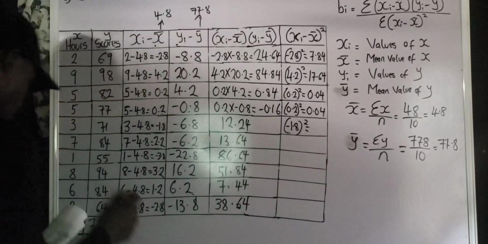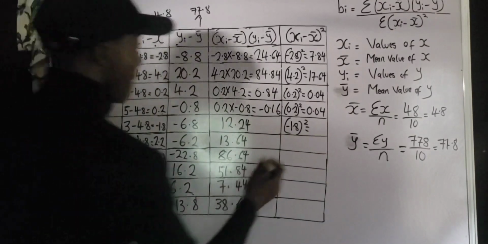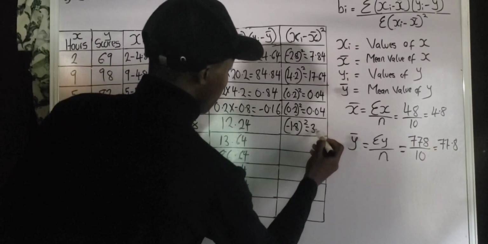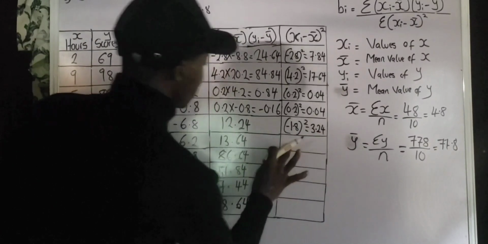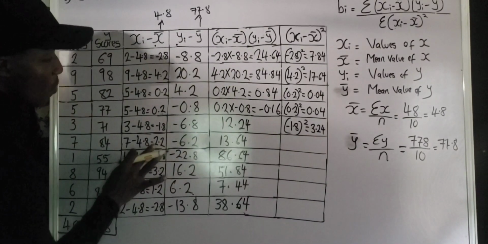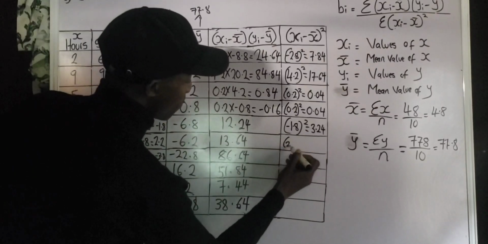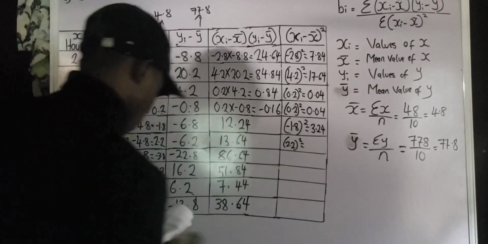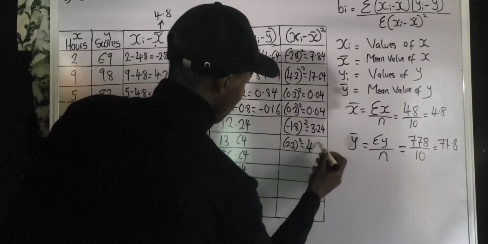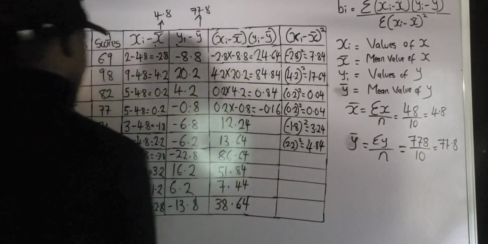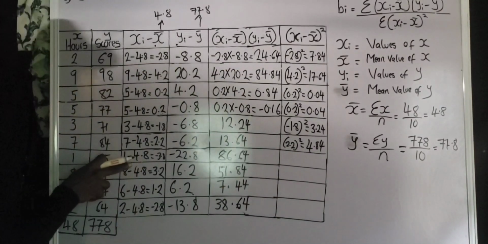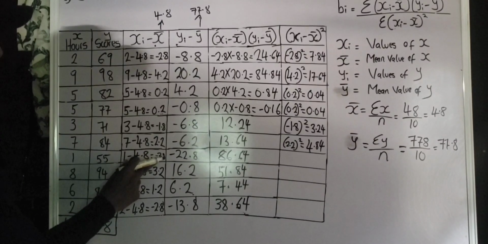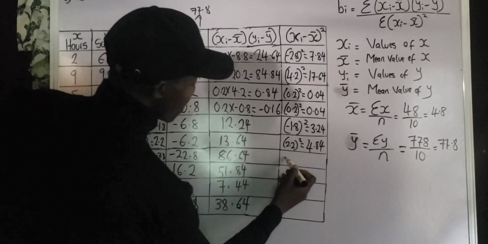If you punch your calculator, you're going to get 3.24. So for these cells, I'm going to square 2.2. 2.2 squared is equal to 4.84. And for these cells, which is minus 3.8, I'm going to square minus 3.8.